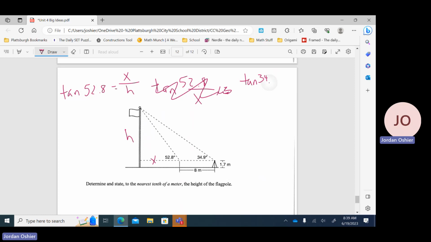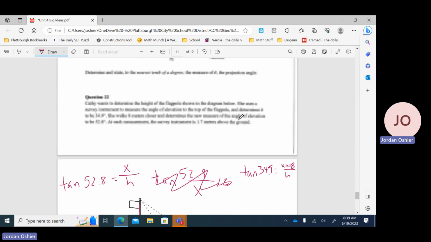And then tangent of 34.9 is equal to, this distance is X plus 8 over H. You would cross multiply this and then use substitution. Once you had substitution and solved for X, you could solve for H, and then you'd have to remember to add 1.7 at the end of it all.